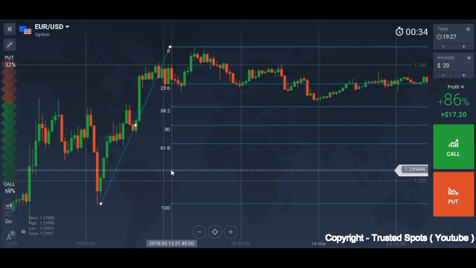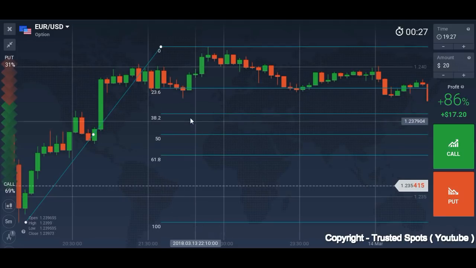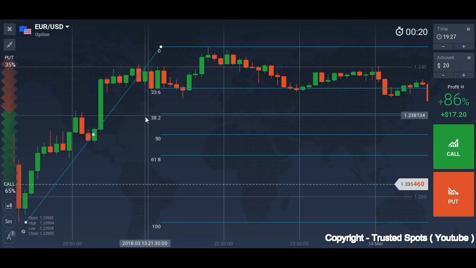Now, there is one common mistake that people make. They think that these levels, which are shown here, are the exact levels of support or resistance, which is completely wrong. They give us an overall conclusion that this area can now work as a support.